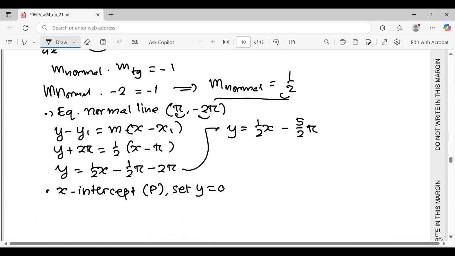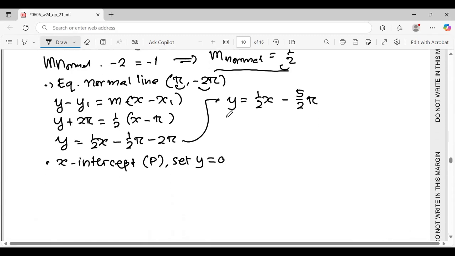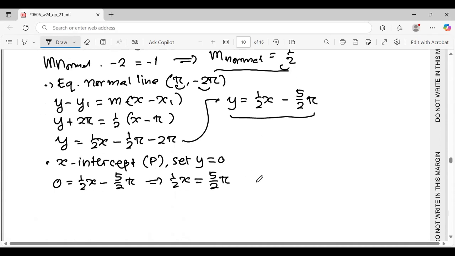If y equals 0, this equation becomes 0 equals 1/2 x minus 5/2 pi, like this. So 1/2 x equals 5/2 pi.